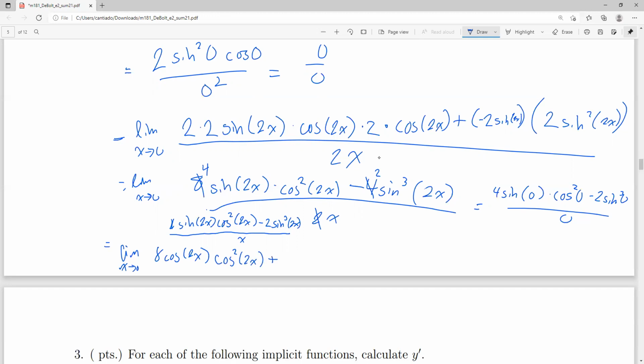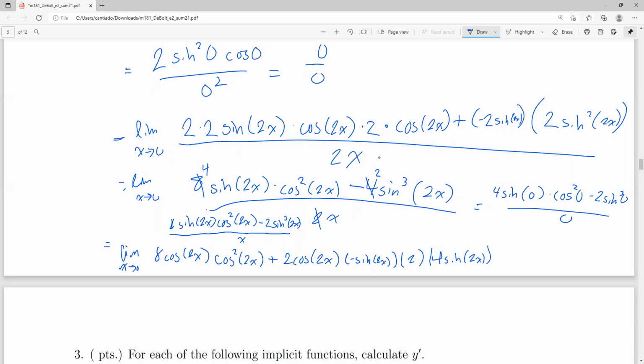The derivative of cosine squared is going to be 2 cosine of 2x times negative sine of 2x times the inside, that's 2. And this is times the first function, so times 4 sine of 2x.